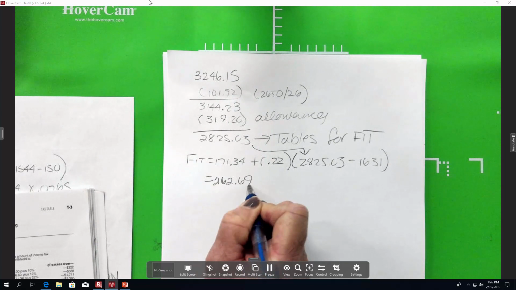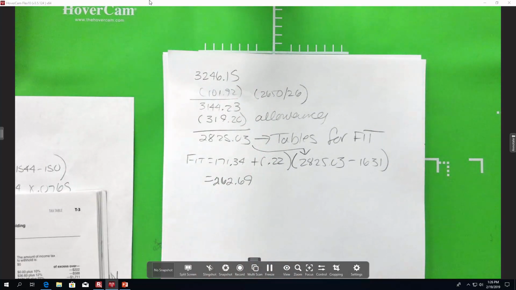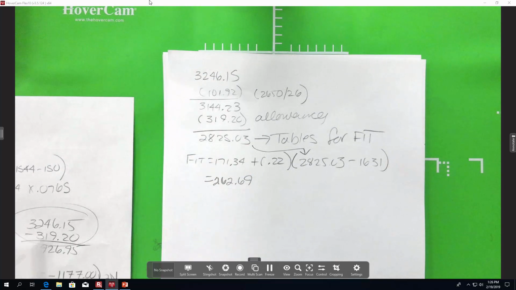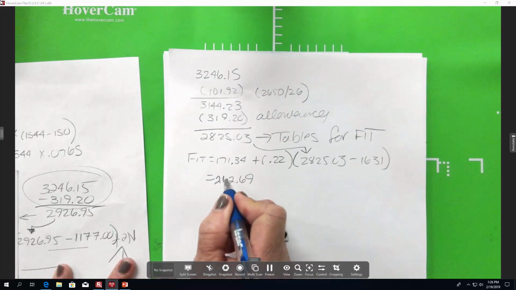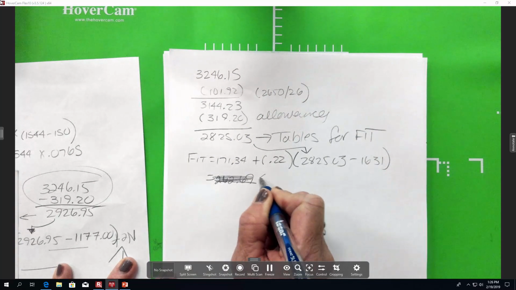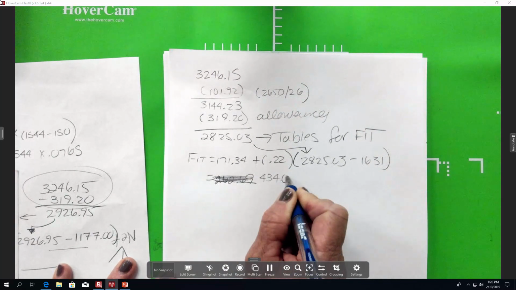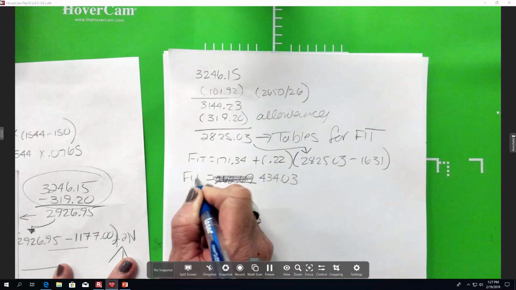Do I have a second on that? 262.69? $2825.03 minus 1631 equals, times 0.22 equals, plus 171.34. Sorry, 434.03. Close. Yeah, I just didn't add that. I can see that. So that's my FIT.